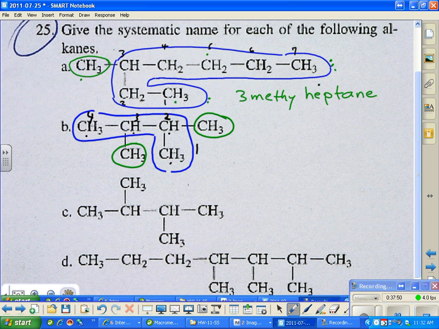So, 2, comma, 3, methyl. There you go. Now, how many methyls total do we have? 2. Okay. The prefix for 2 is di. Methyl.